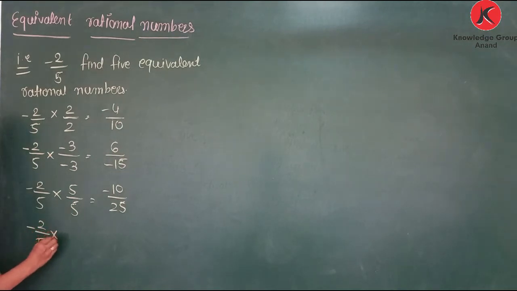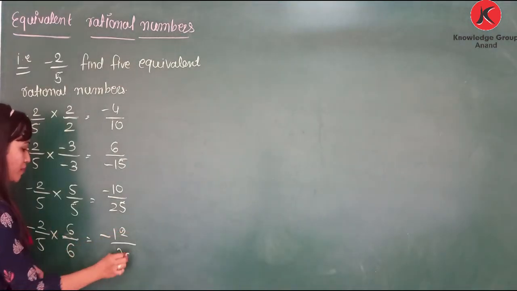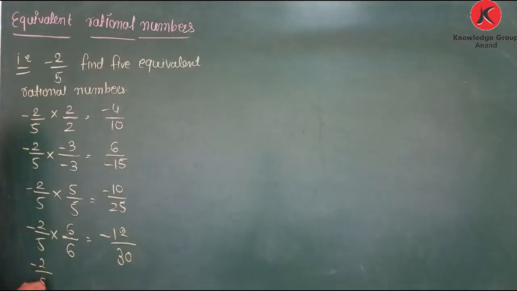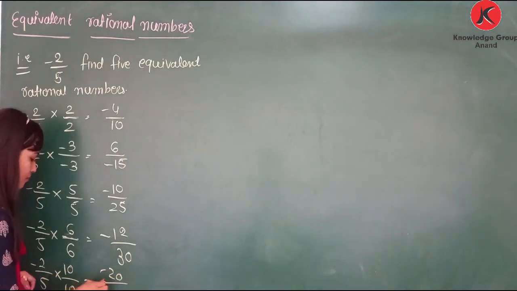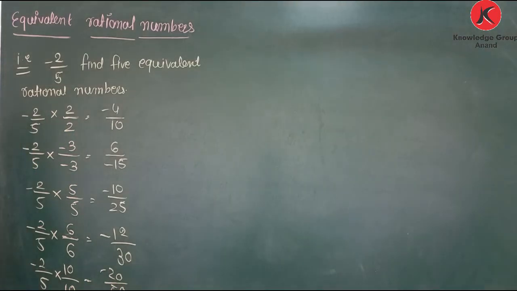Again we multiply it with 6 by 6, so we get minus 12 by 30. If we multiply with 10 by 10, we get minus 20 by 50. So these are the 5 equivalent rational numbers of minus 2 by 5.